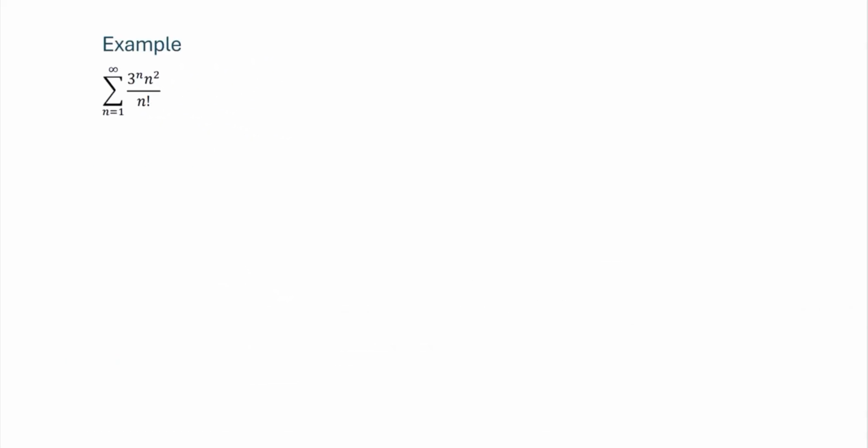In this example, notice we have n factorial. Whenever we have factorial, typically we use the ratio test. So we want to take the limit of the next term in the sequence, a sub n plus 1, divided by the current term, a sub n.